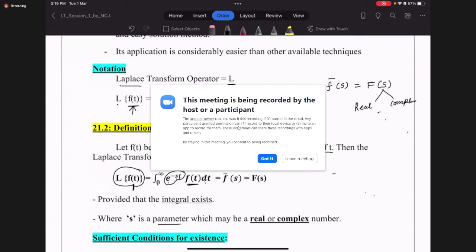If you integrate within the limit 0 to infinity, you will get some function in the form of s. Your answer will come in the form of s. What is the definition? The definition starts from 0 to infinity.